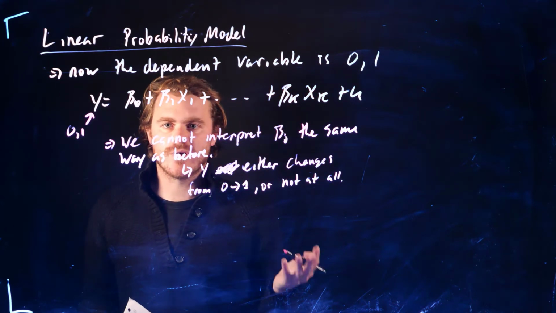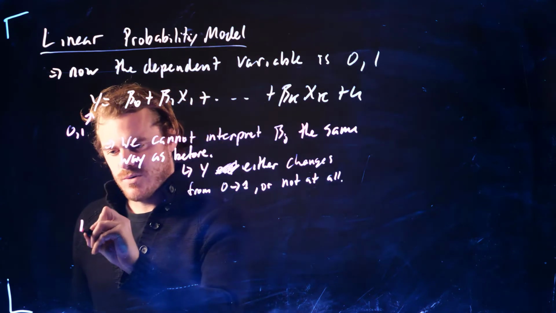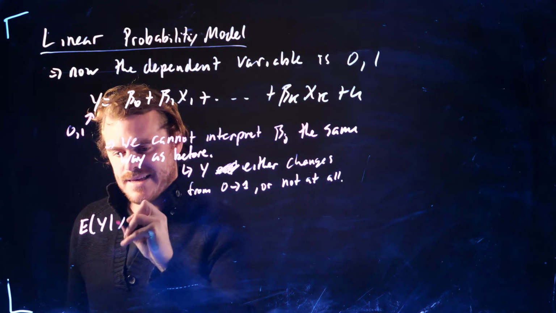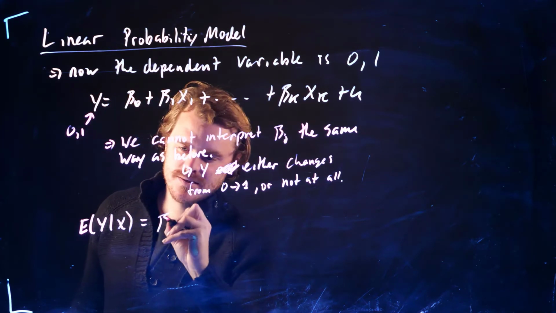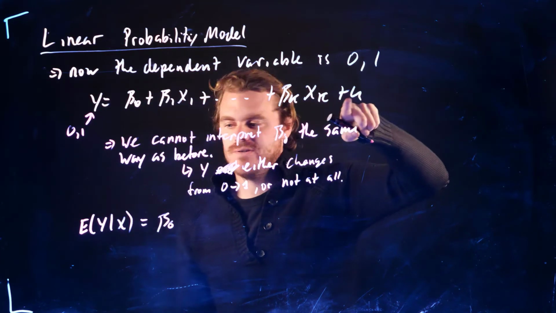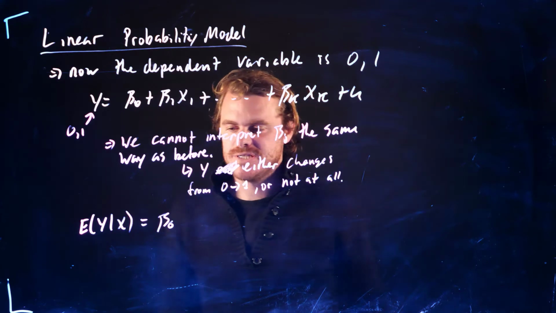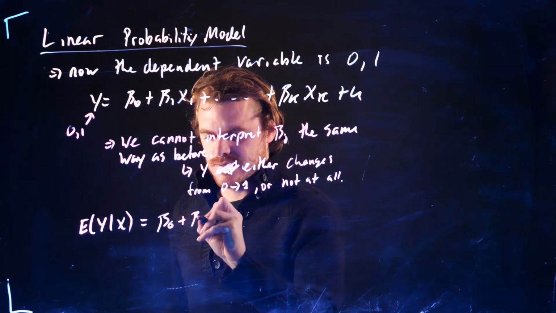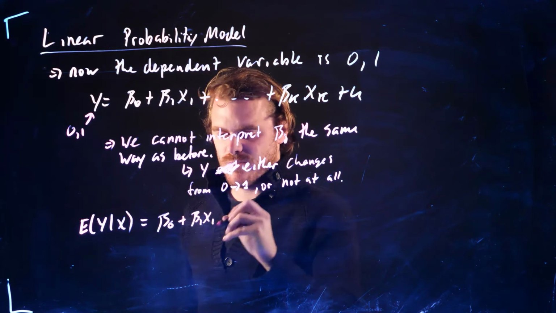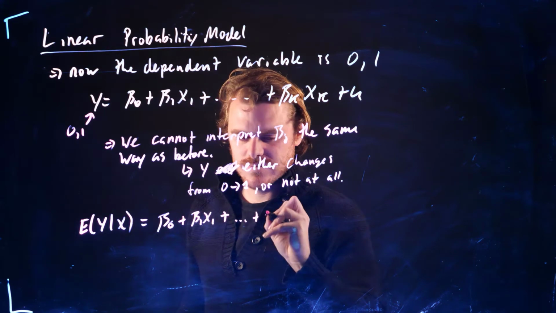So we just have to change our interpretation just a bit. Let's explore that. So the expectation of y given x, and the expectation of u given x equals 0, that's one of the assumptions we make, right? So this is what our expectation of y given x is equal to.